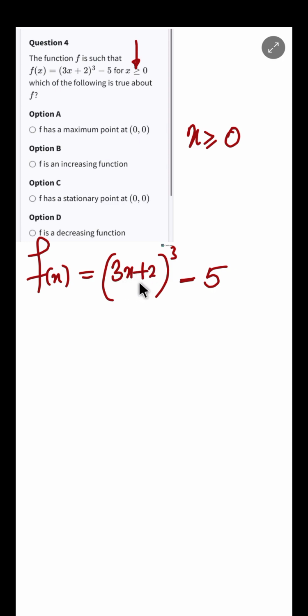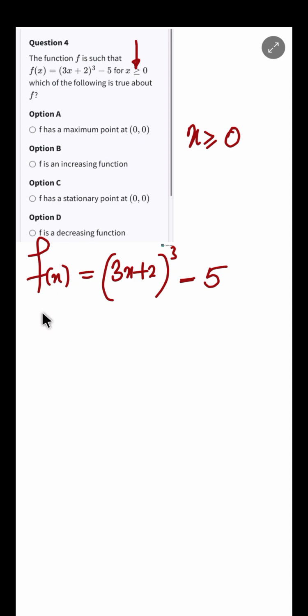From analyzing its signs, that's when we can determine whether it is an increasing function or a decreasing function. I'm very sure the maximum point is not (0, 0). If you look for the stationary point, you can never get (0, 0), and there's no way you can end up having a maximum point at (0, 0). It's not possible. So the answer is either option B or option D.